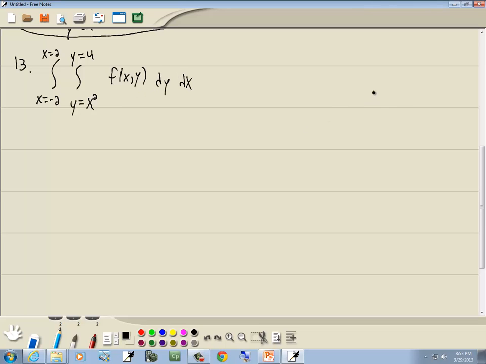Now let's graph these, see what in the world we're dealing with. Y is equal to x squared. Can't draw very straight. So my y is equal to x squared. Y is equal to 4. It's going to be this right here. X is equal to -2.